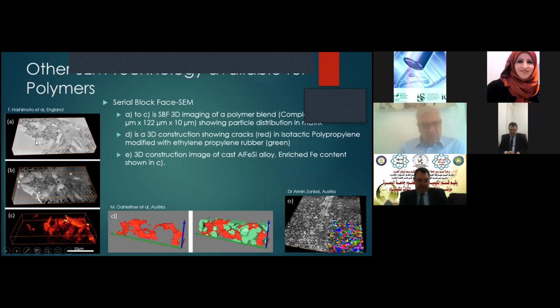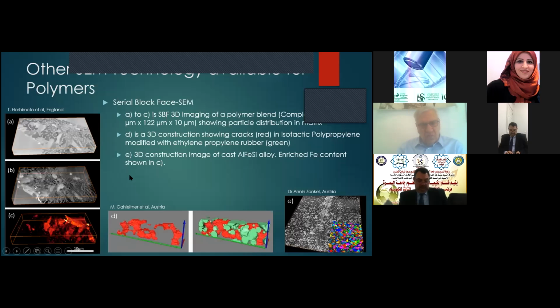So A to C here on the left-hand side is serial block face 3D imaging of a polymer blend. And there's just the data that was used, those micro slices that were used, showing the particle distribution in the matrix. So you can actually see, I think this is iron in the sample, particles that were actually distinguished in this way.